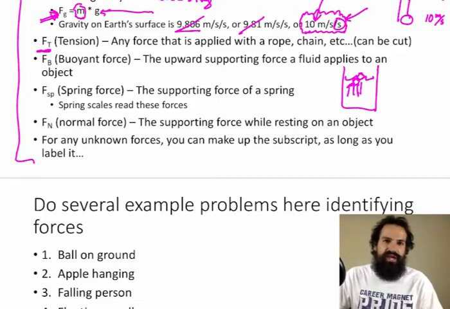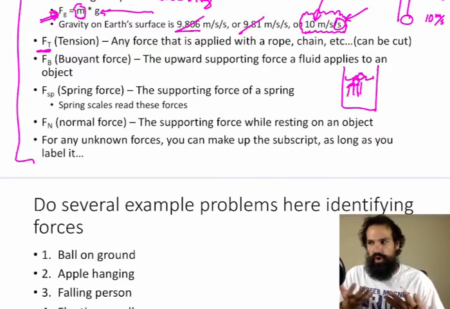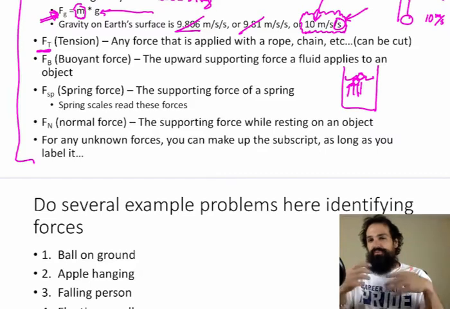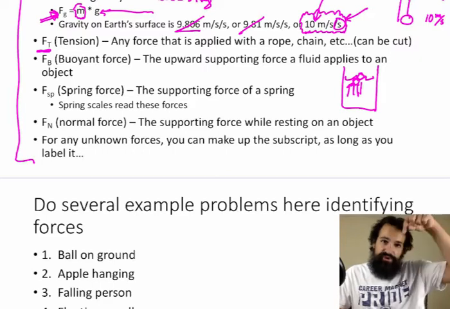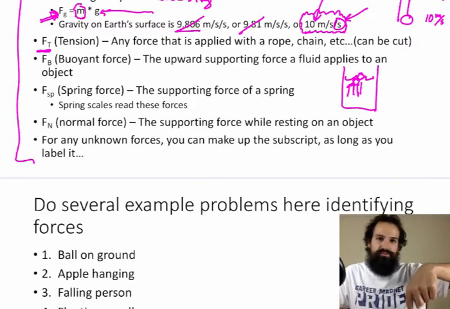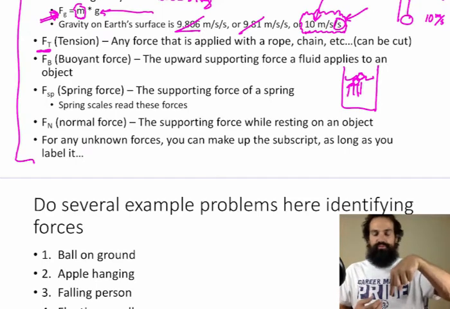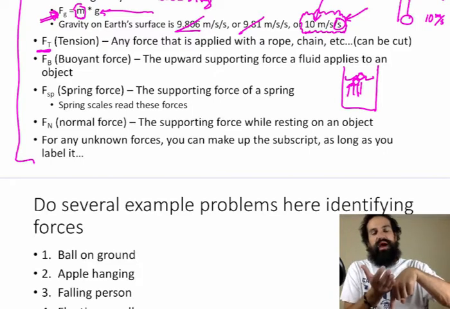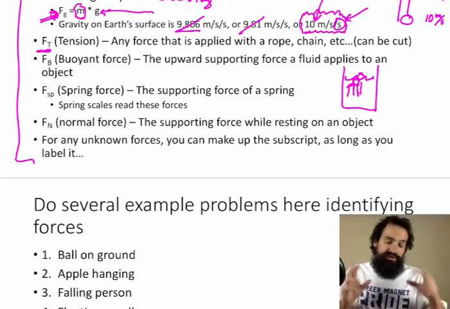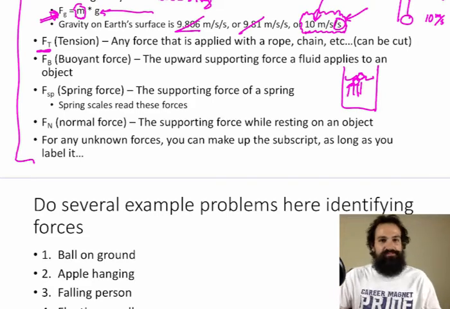That's why if you stand on a scale underwater, you'll read as less heavy on that scale, because the water is pushing you up, meaning the water is balancing out some of your force of gravity, some of your weight downwards. So instead of all 200 pounds of me standing on the scale, I have 200 pounds down from my weight, but the water might support 100 of those pounds, so I'm not as heavy, at least according to the scale. I still weigh 200 pounds regardless of what the scale says.